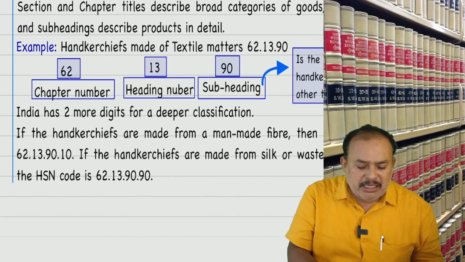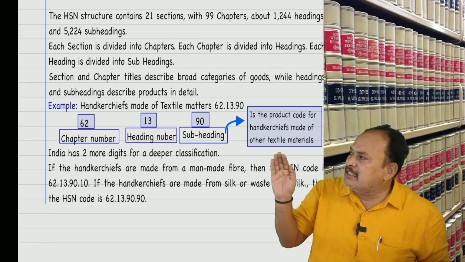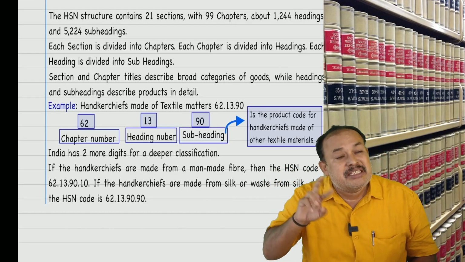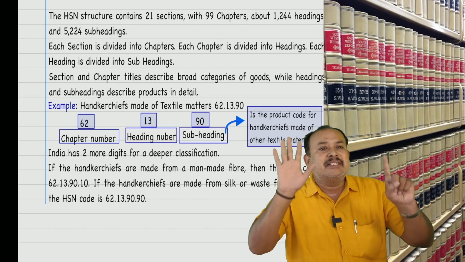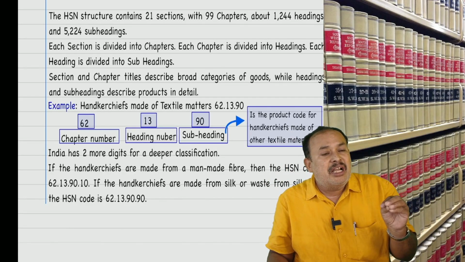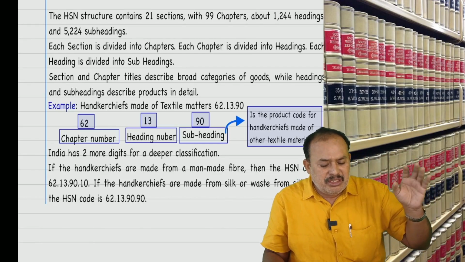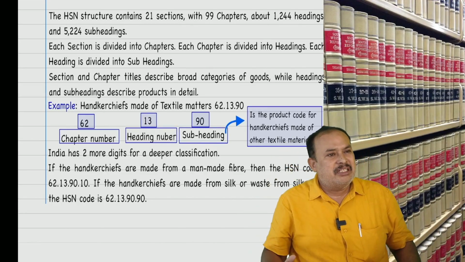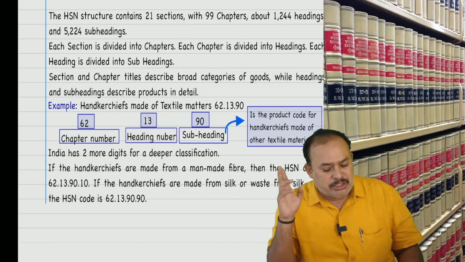If I say, for example, 62 followed by 13, instead of 621390, how many digits are there? 6 digits are there. Correct? Which is assigned to a product. Assume a scenario, the handkerchief product is assigned 62136090.